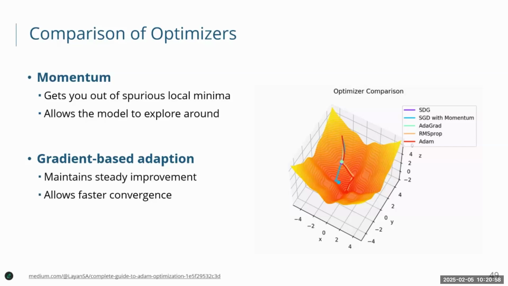Are there cases where Adam doesn't work well? Yeah, definitely. Usually it works pretty decently well. It's like always 90% performance. And there are some improvements on Adam, like AdamW, that also has weight decay.